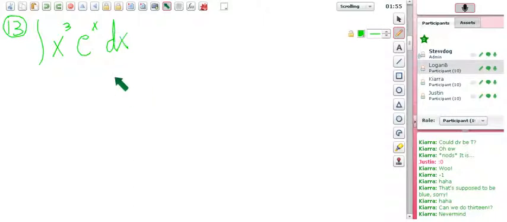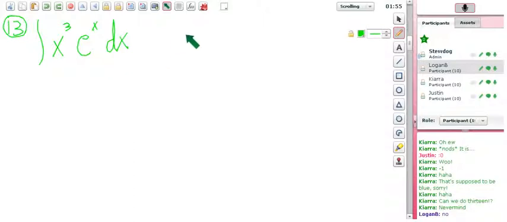So what would be nice is if we could make this fit the number 6 formula from page 520, e to the u du. Is that going to work out? No, it's not.